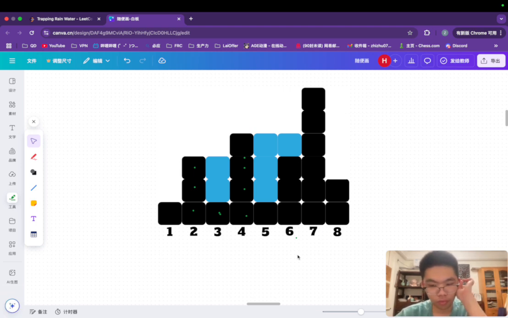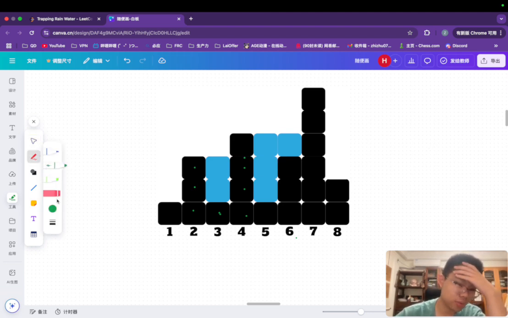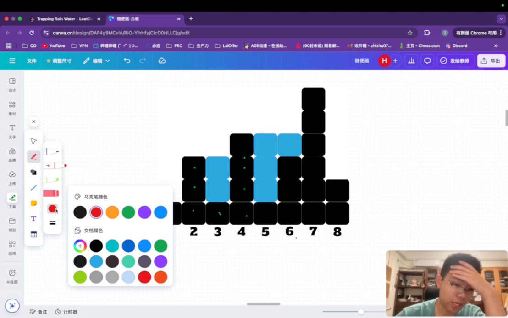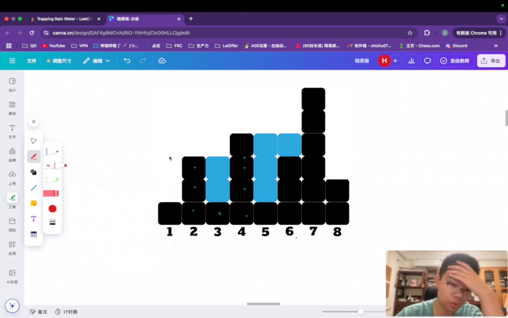So let's consider this problem from this perspective. We can just imagine, I think it's a little bit more abstract, that there are two people standing, one at the start and one at the end.